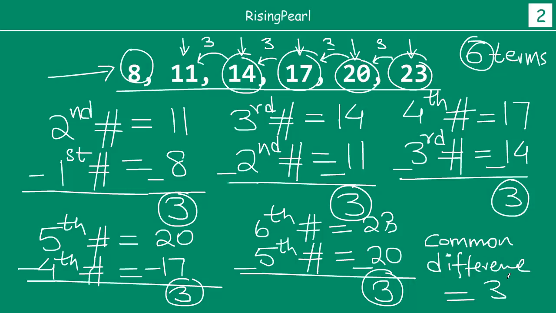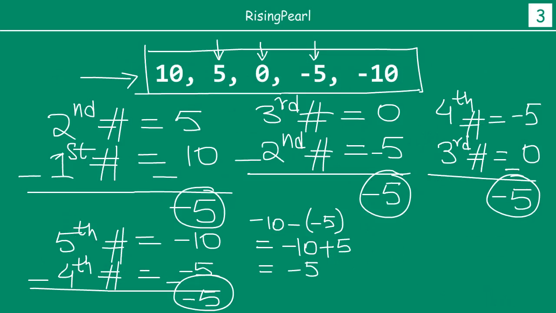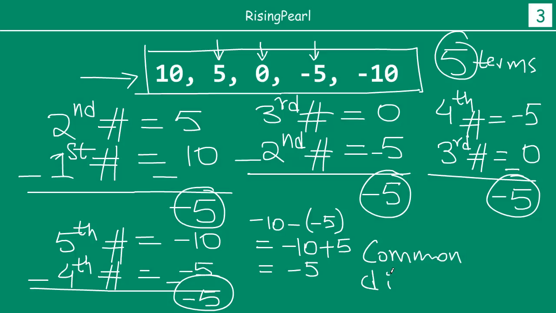Similarly, if we take a look at our second series, we had 1, 2, 3, 4, 5 terms. So there were a total of 5 terms, not 6. And the common difference in this particular case, I think I misspelled it totally, is minus 5.